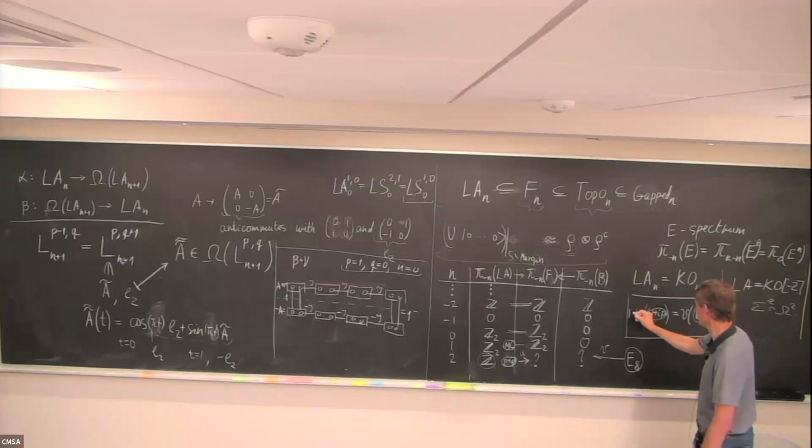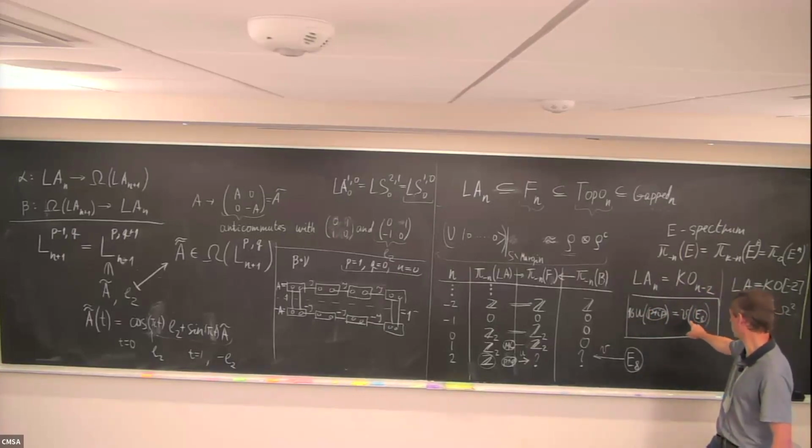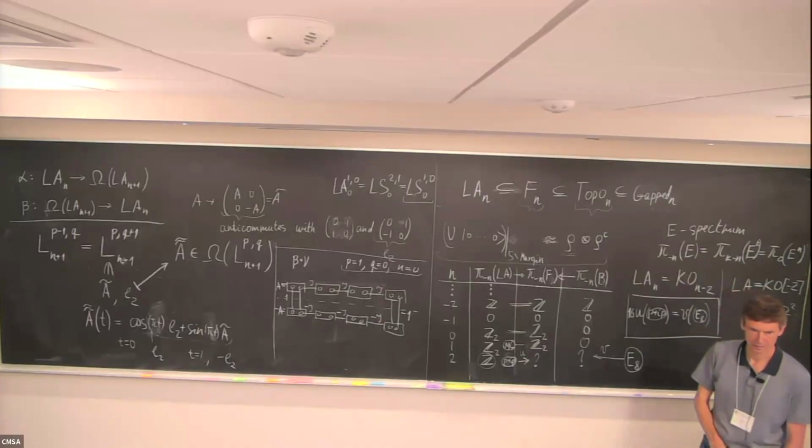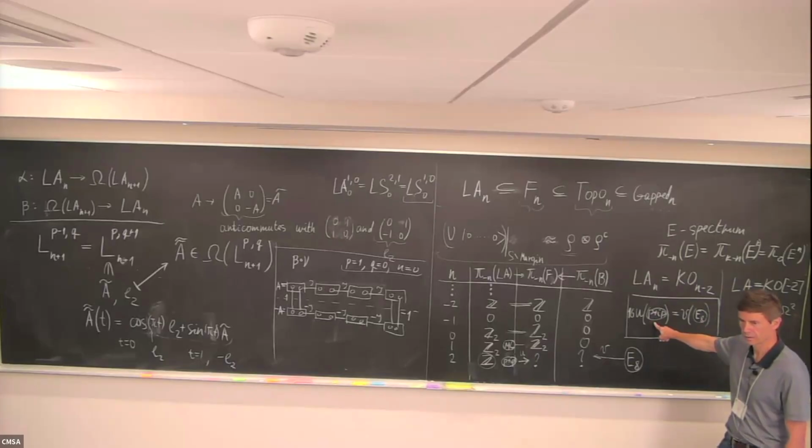Actually, 16 copies of this equals V of E8. And this system has chiral central charge 1/2, and that system has chiral central charge 8.